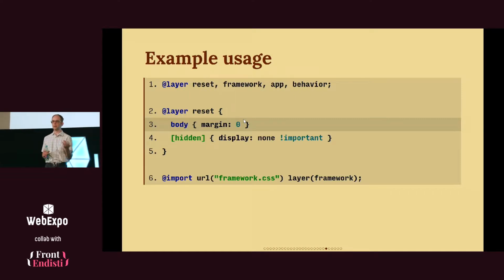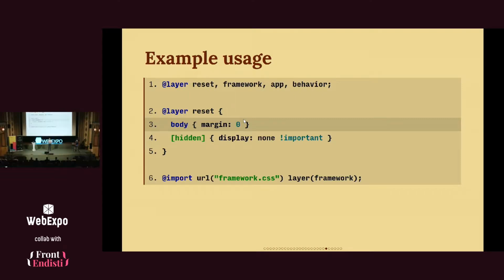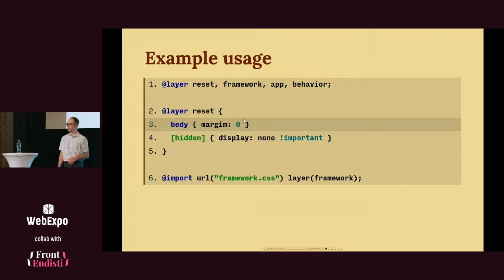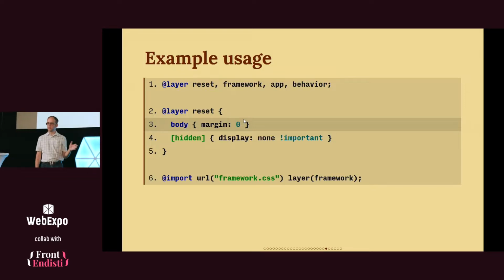I'm not really good at naming, so yeah. The second one will be called framework because I will be building on a framework. Yeah, nobody wants to do that from scratch. The third layer called app will contain my own styles. And finally, I decided to create a behavior layer to be able to override things based on user interaction.